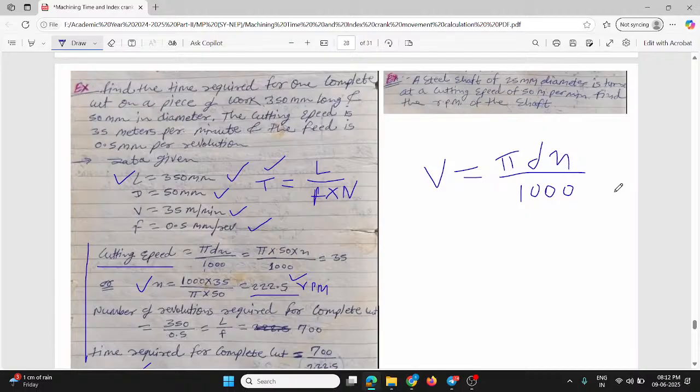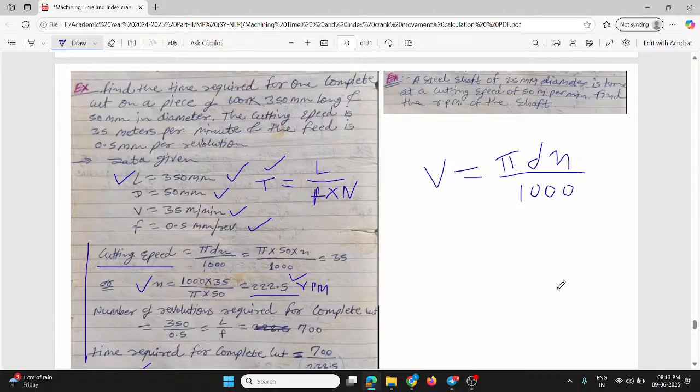D is known, cutting speed is known, so N you can calculate. Okay. So such kind of numericals are expected, that you must know. So very simple it is.